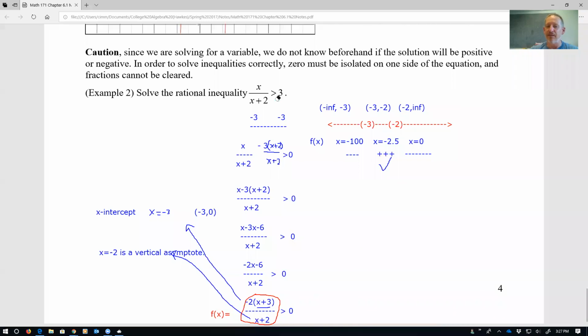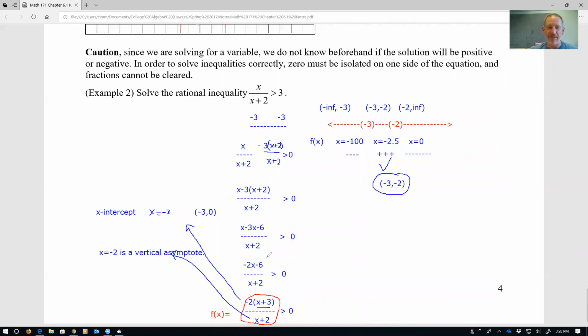So my answer is simply -3, -2. That is where that graph is greater than 0.